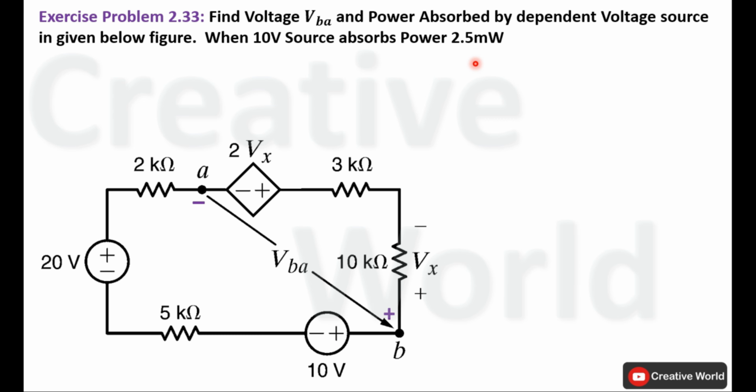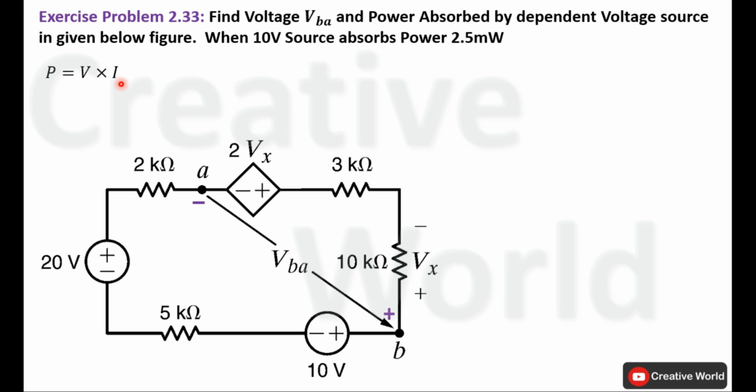Using this information, we can calculate the current through this voltage source, and this same current will also be flowing through the rest of the circuit because of the series connection. So first we will calculate the current of this voltage source using the power formula P equal to V multiplied by I. In this formula, we know the value of power and voltage, so we can calculate current.